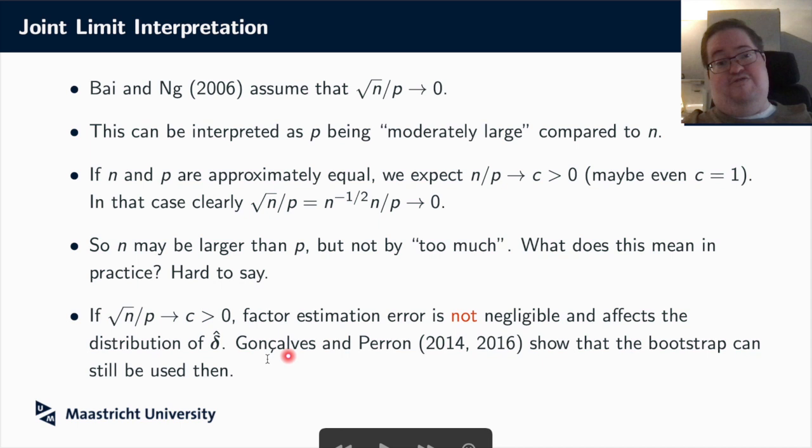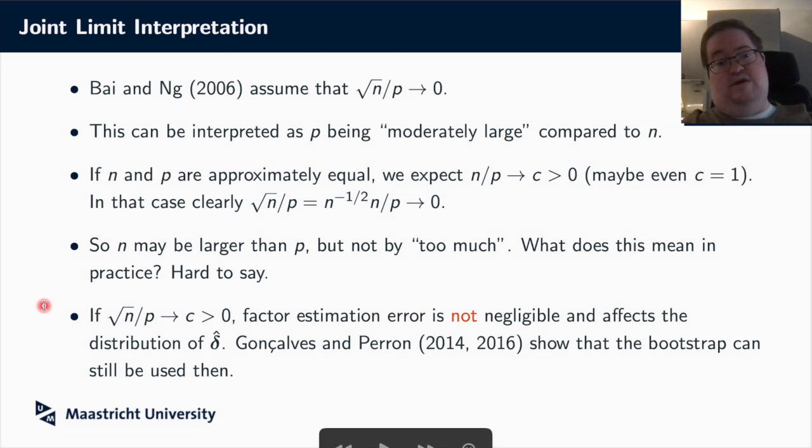And in fact, the distribution of delta hat will change. So that does show that all these distributional results from Bai and Ng are quite precise. That there can be cases in practice, of course, where it just does not work that well.